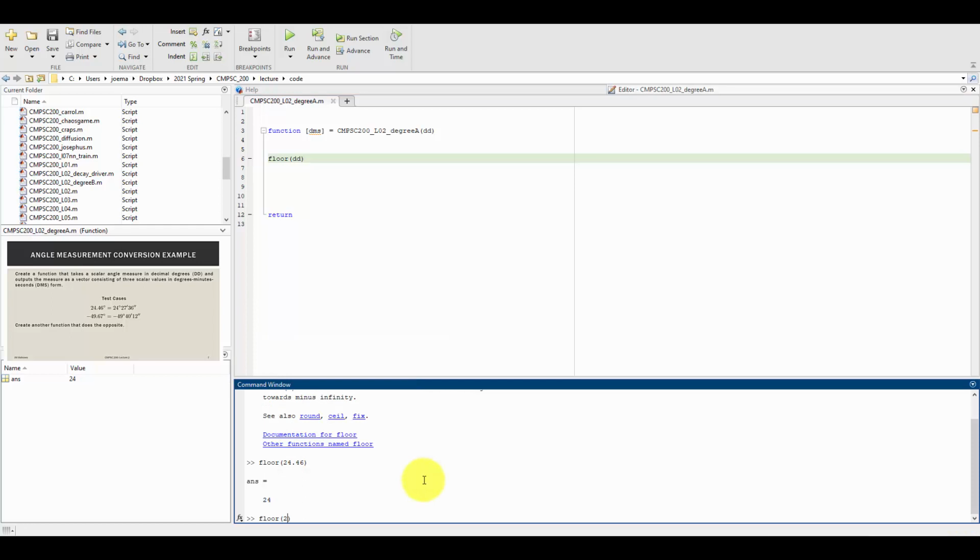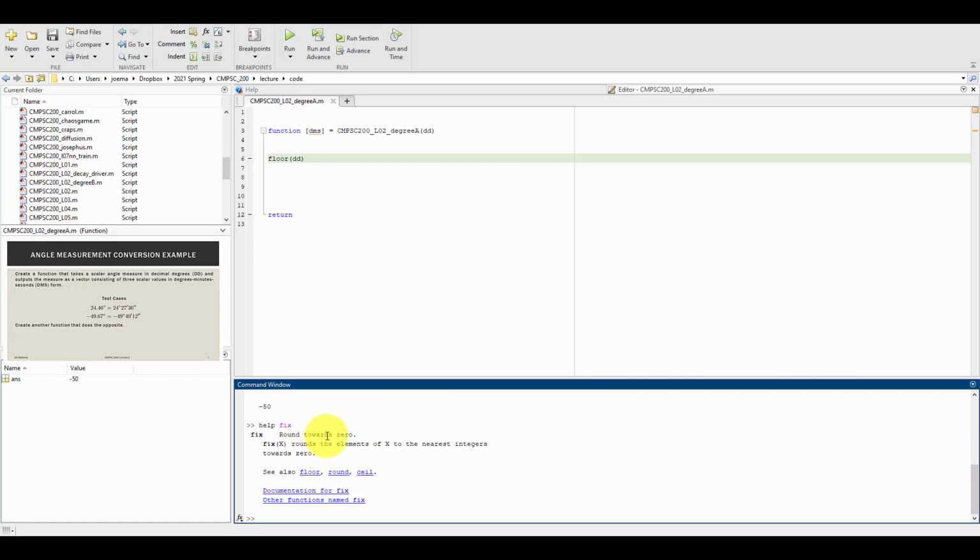But let's check also the negative 49.67. Oh, actually floor is not what we want. If we see here, floor doesn't work with the negative number because floor always rounds it towards negative infinity. So it rounds it down. So actually floor is not what we want. Fix is actually what we want for this. So let's look at what fix does.